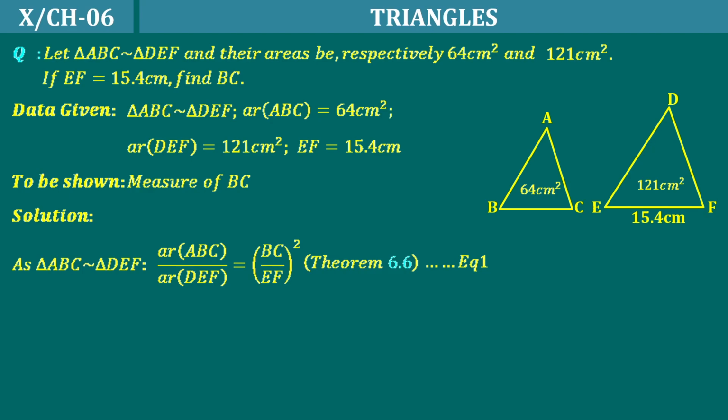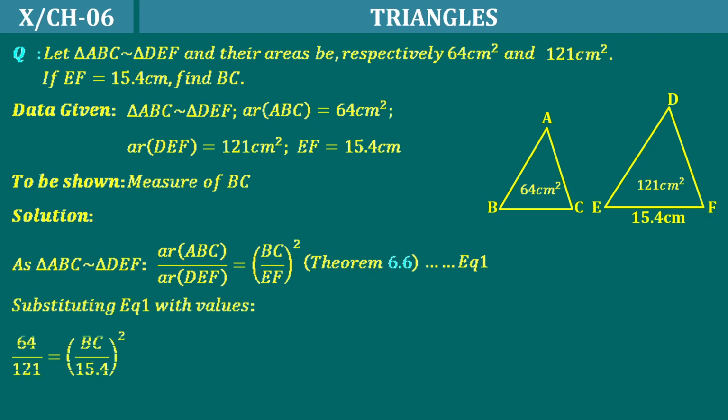on the basis of theorem 6.6. And if I substitute all these values in equation 1, then we will get 64 by 121 equals BC by 15.4 whole square. And remember one thing, whenever you are doing any mathematical calculation, please avoid writing the SI unit.